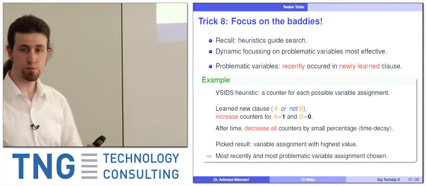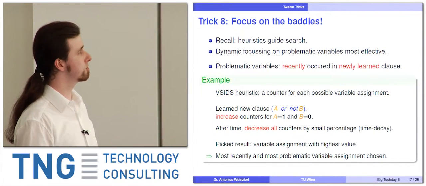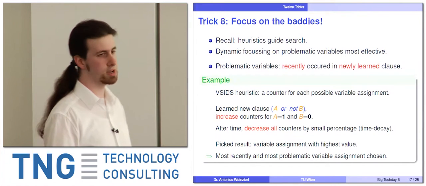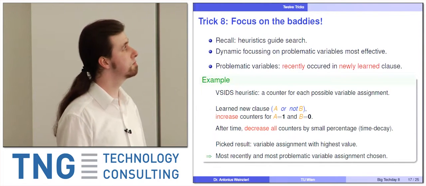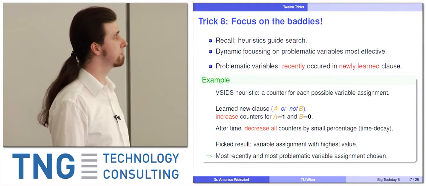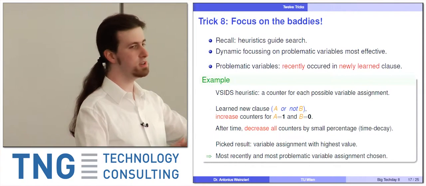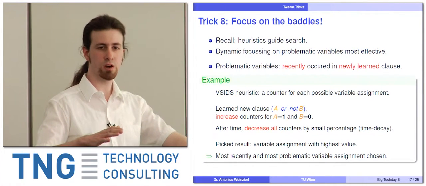It has a counter for each possible assignment. So if we learn the clause A or not B, then we increase the counter for A being true, and we also increase the counter for B being false, because they would both satisfy this clause. And then after some time, we decrease all the counter values.